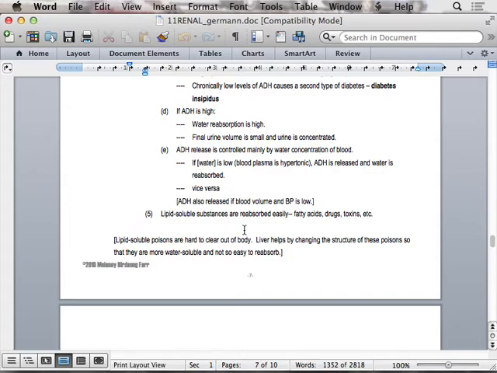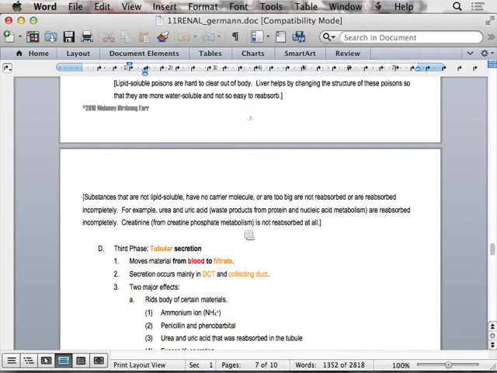Is that good? So what about anything else? So all the stuff that we didn't talk about. If a substance is not lipid soluble and has no carrier or transport mechanism, then generally once you moved it out on the lawn, it stays there. Okay, like creatinine and some waste products, uric acid, ammonia, those things are staying out there.